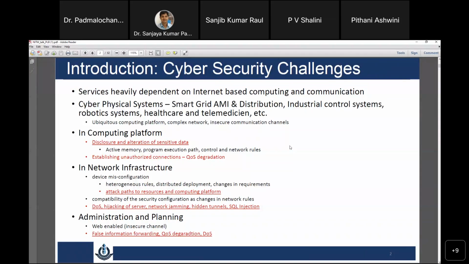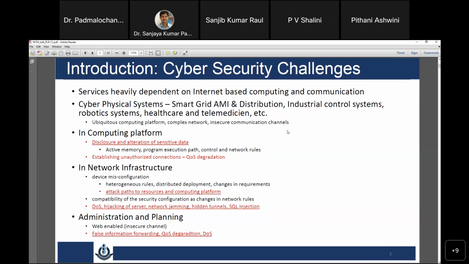In all these cases, where we see the application of cyber physical systems or our daily use of application services, we exchange data through insecure communication channels. The network through which the data is transferred to remote devices is very complex, ubiquitous in nature, and very open.